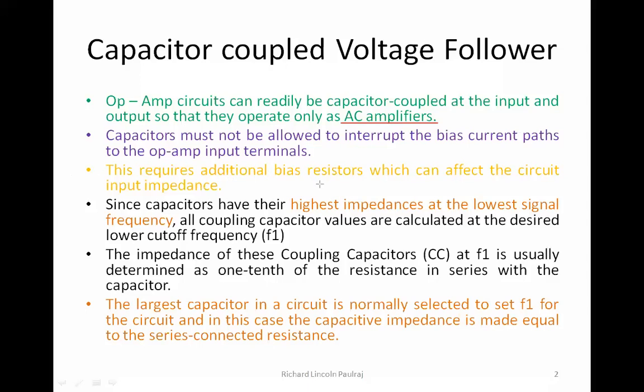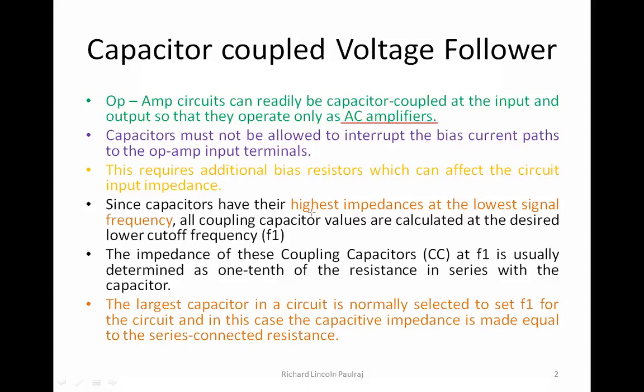This requires additional bias resistors, which can affect the circuit input impedance. Now we have learned that the input impedance is very high, wherein the currents are all blocked. But when we are using these capacitors, we make sure that a small amount of current can pass through. So these are bias currents.